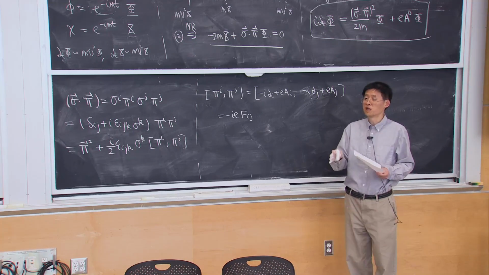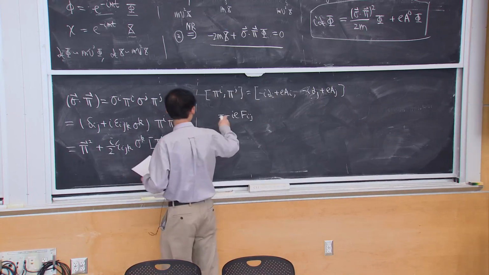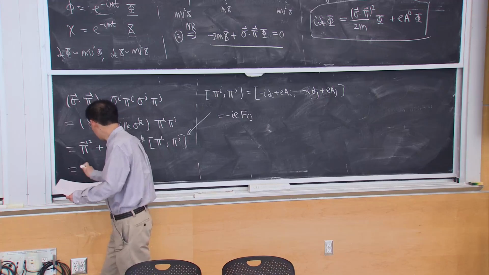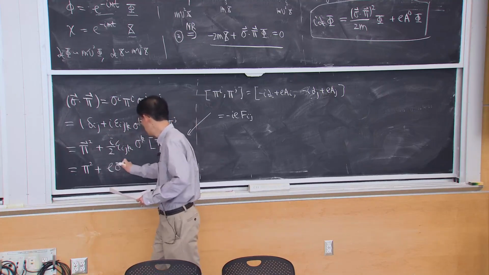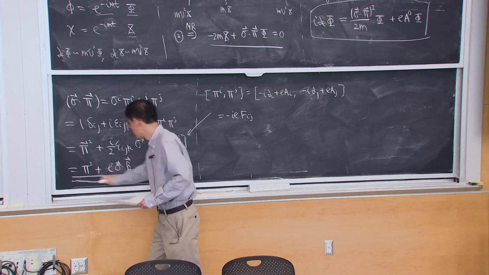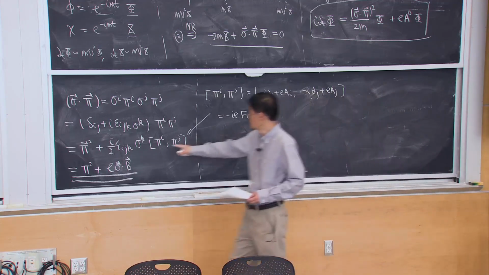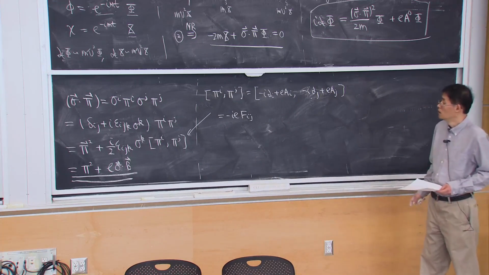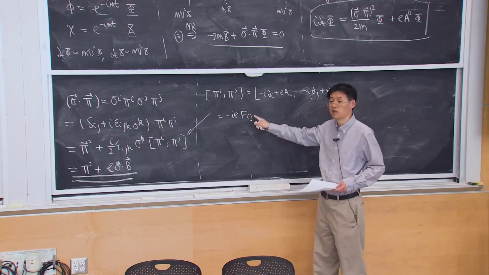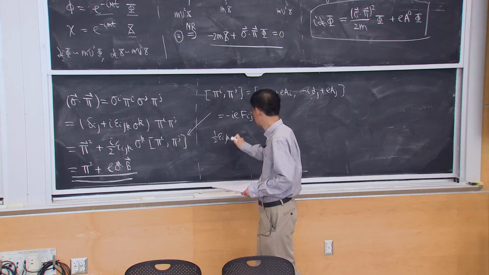You remember when epsilon ijk multiplies F ij, you get B. So this just becomes pi squared plus e sigma dot B, because F ij multiplied by epsilon ijk just gives B k, and B k sigma k is just sigma dot B. It's one half epsilon ijk times F ij that gives you B.